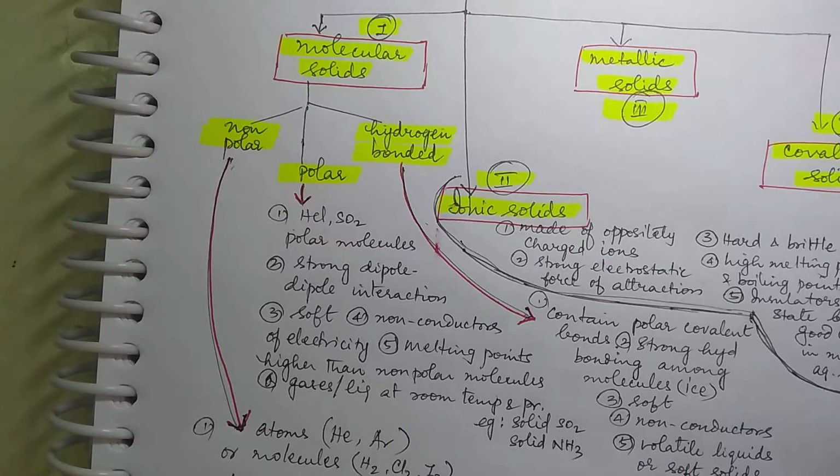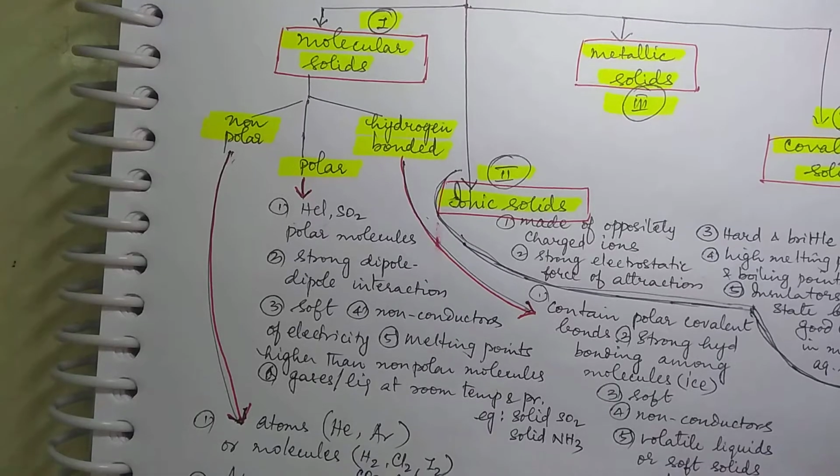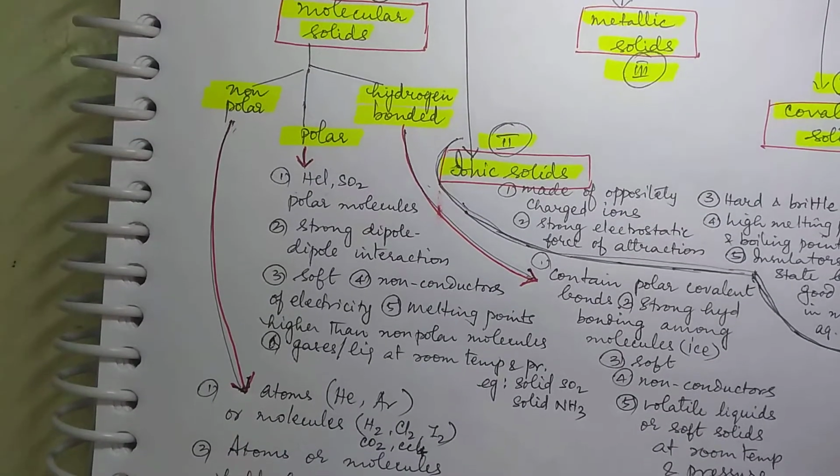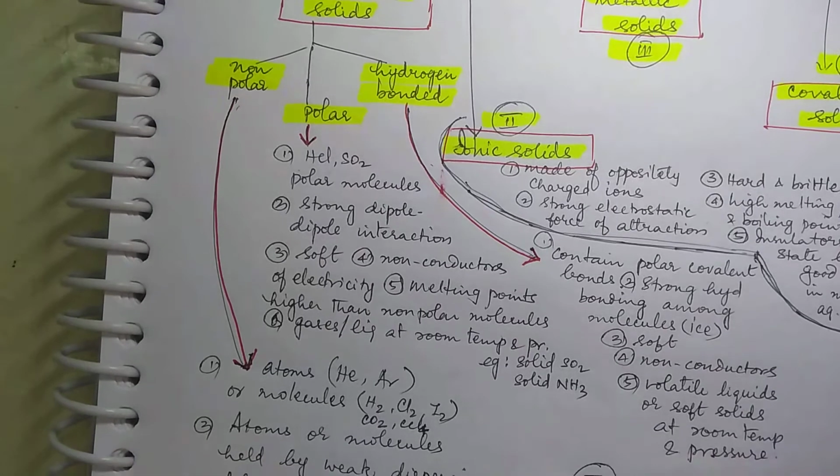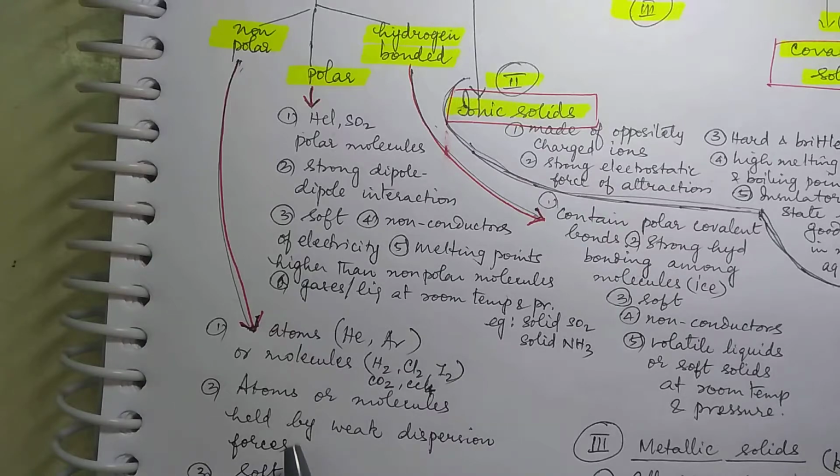And when you say like that, atoms or molecules are held by weak dispersion forces, is it not? Even in the form of solid, the intermolecular or interatomic forces are very weak, and very weak forces are called dispersion forces or London forces. So obviously when the intermolecular forces are very weak, it is bound to be soft, and there are no ions, no free electrons, so they are non-conductors of electricity.